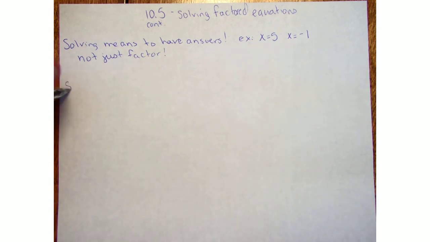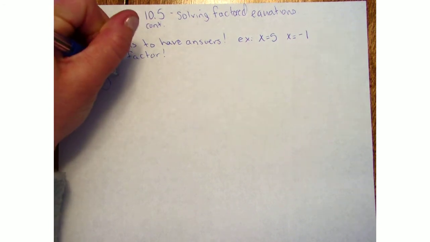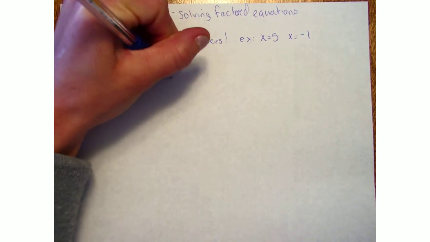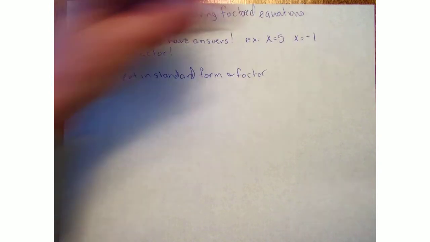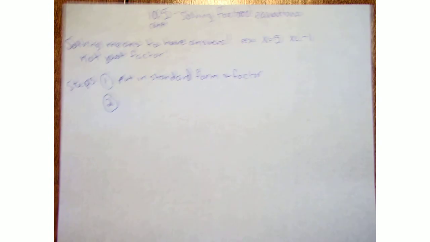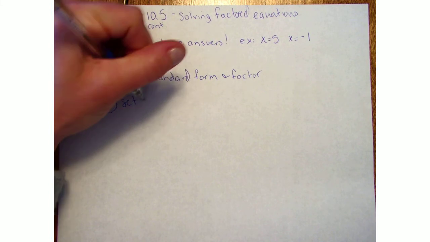So the nice part is it builds off of yesterday. The first step is to put in standard form and factor. So the A, B, C setup, get your two binomials, do everything that we did yesterday, basically. The second is set binomials equal to 0.